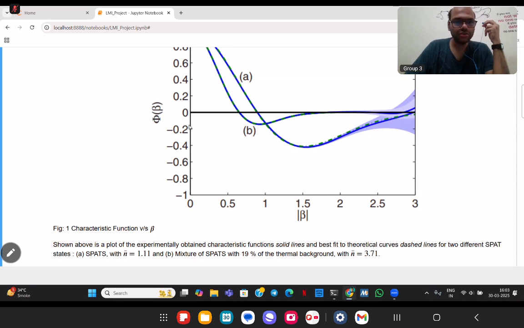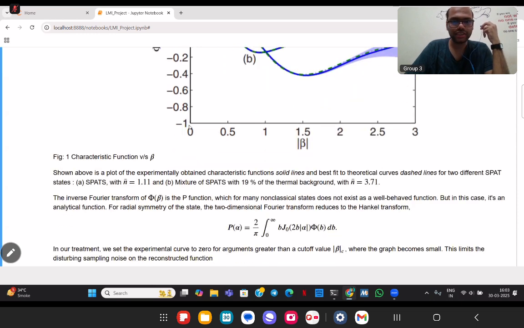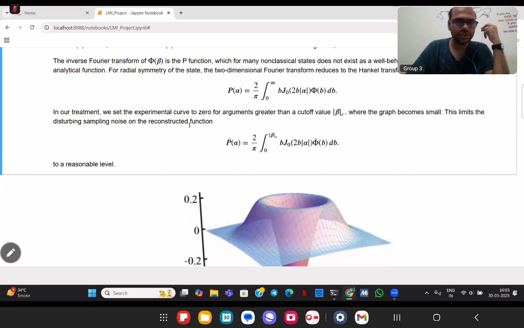Next we need to get the P function. It is related to the characteristic function by this formula shown here. Because there is radial symmetry, the two-dimensional Fourier transform reduces to the Hankel transform.